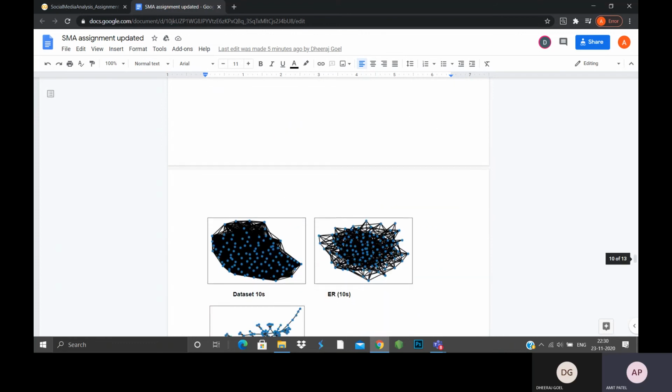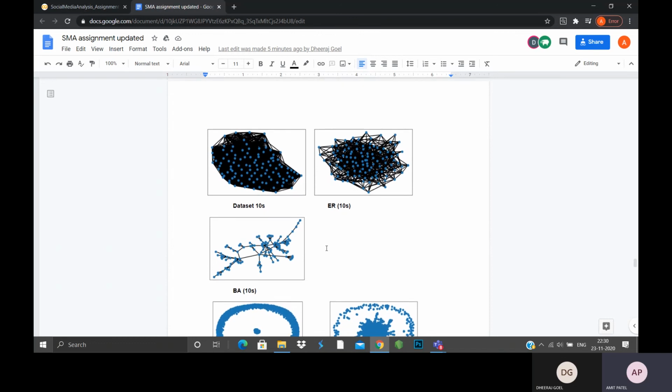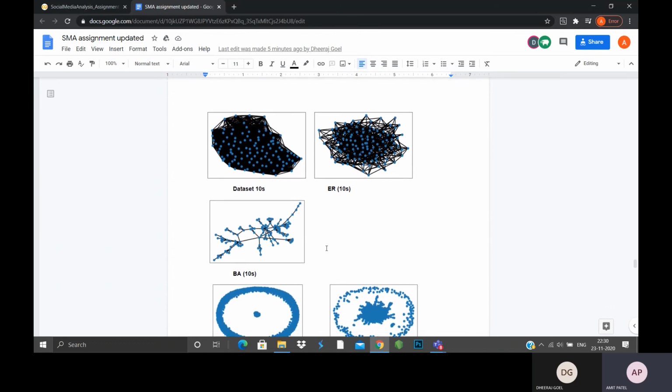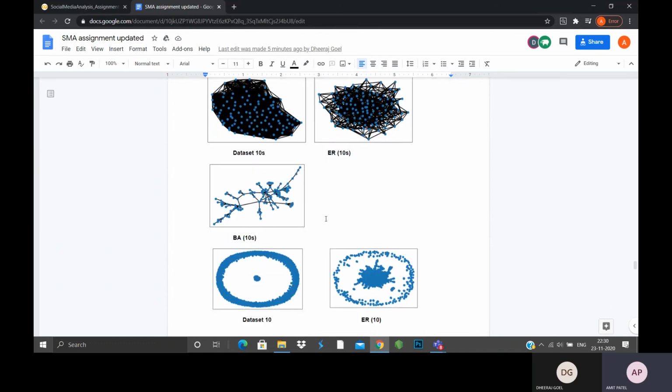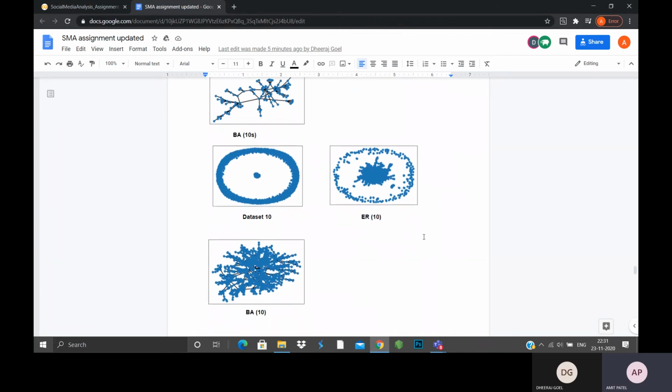Yes, visualizing the graph. Basically, here we got some really cool stuff for you. Data set 10 is distributed, meaning the nodes can be visualized like this. The ER model for 10 nodes for data set 10 is like this, and BA can be like this.